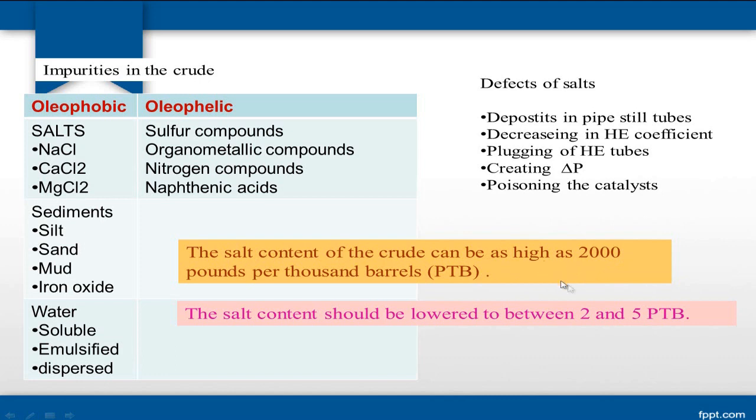This content has to be lowered to 2 to 5 PTB eventually. Similarly for water, typically the water content is between 0.5 to 10% volume. But what we have to do in this desalting and dewatering is to lower the concentration to 0.2% volume.